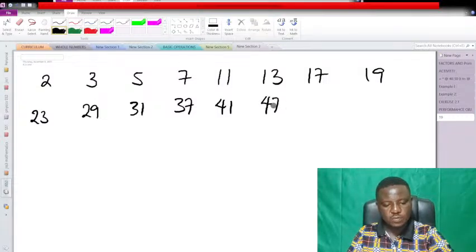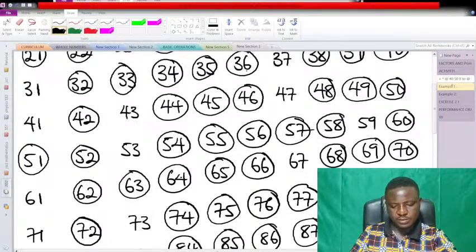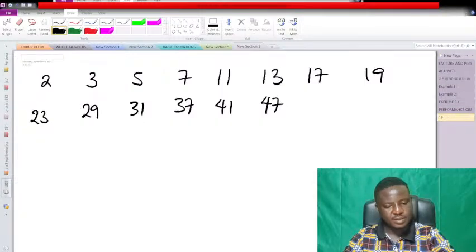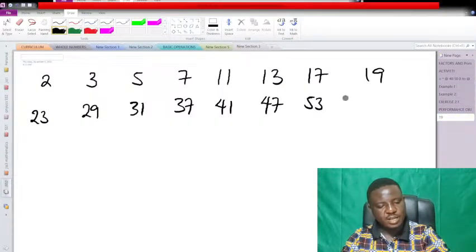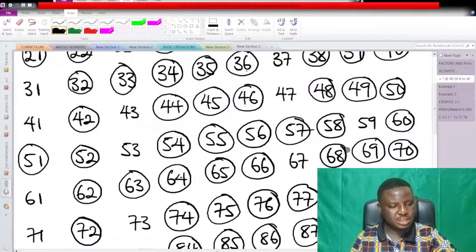41, 47. We move to the next column, which is 53 and 59. We equally have 61 and 67.